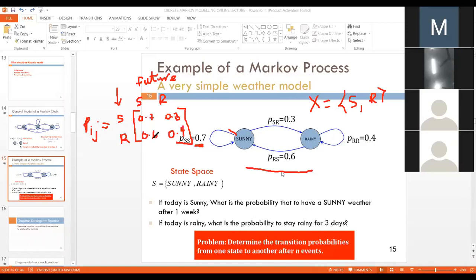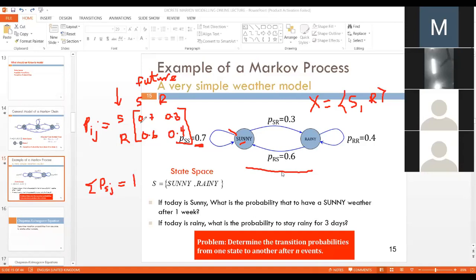0.6. Okay, good. Then one thing you have to take note of is if you are in a particular state, let's say a sunny day, then the probability of either staying in that state or moving out of that state, when you sum all probabilities, it should be equal to what? The sum of all probabilities from a particular state, PSj, when you sum it up, you should get 1.